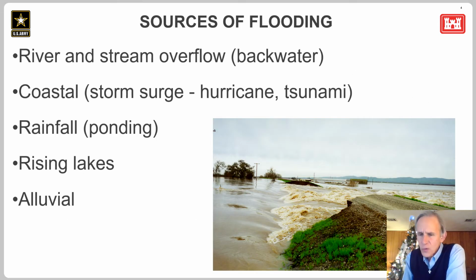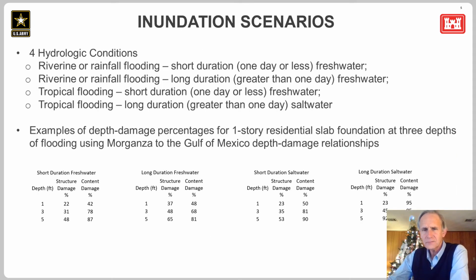There are different sources of flooding, so your depth damage relationship should be somewhat related to your source of flooding. Was it backwater flooding, coastal, rainfall, rising lakes, alluvial flooding from a high elevation to a lower one? In our district, and I was a part of this, we're developing depth damage relationships for 4 different types of inundation scenarios.